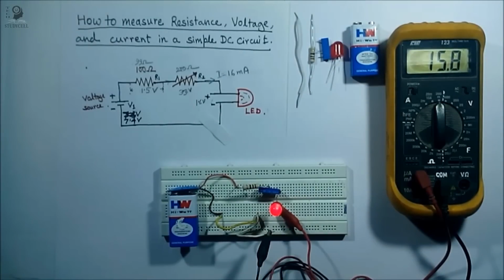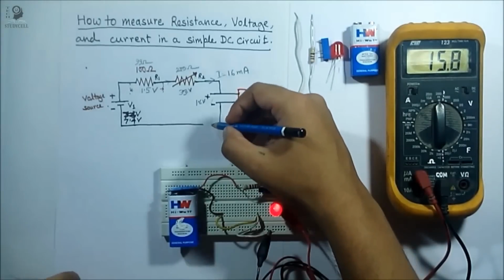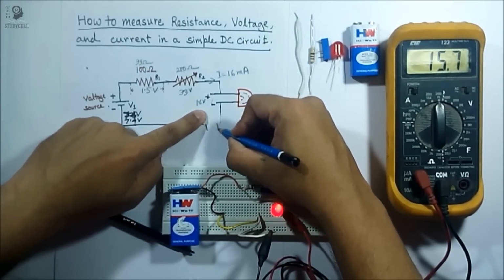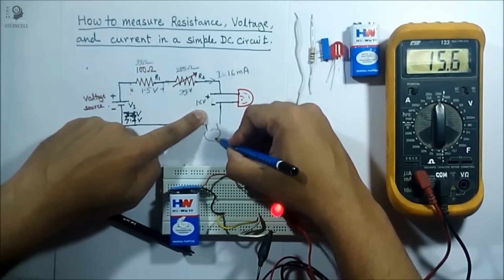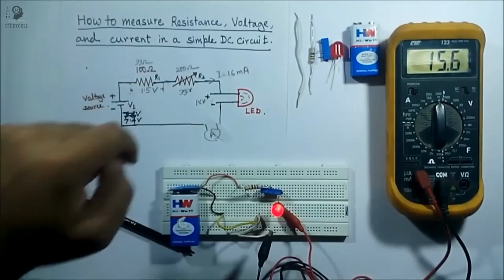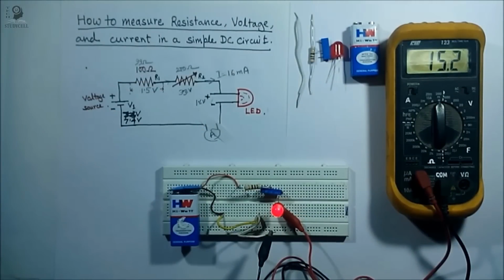Thus we can measure the current by connecting the multimeter in series with the circuit. Thus we can measure the resistance, voltage and current in any circuit.